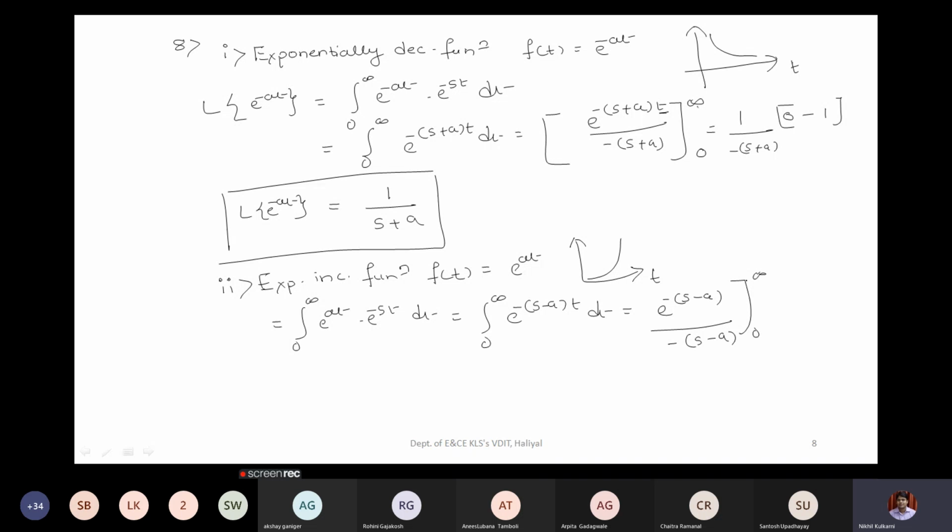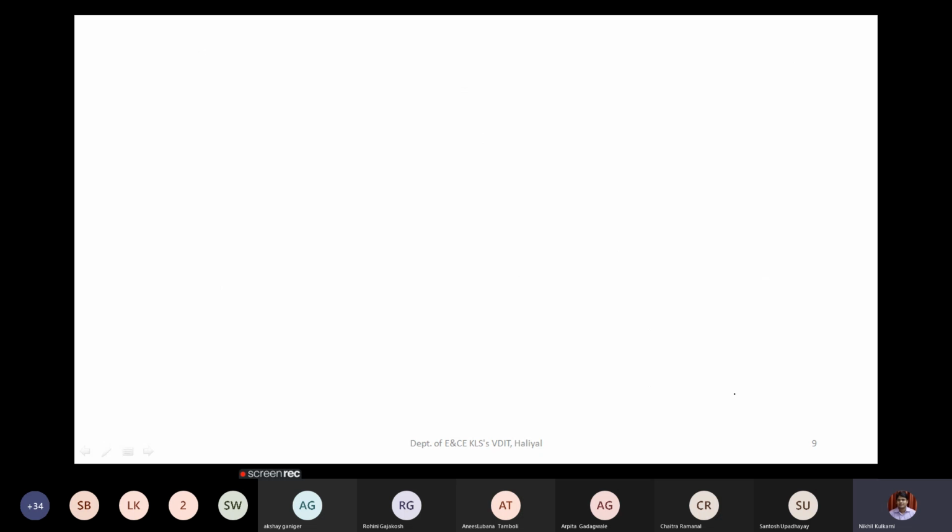If you put upper limit minus lower limit, you will be getting 1 divided by s minus a. Getting this, everyone? Yes, sir. So this is about the exponential function.